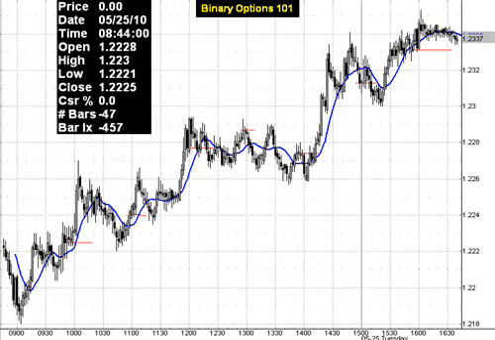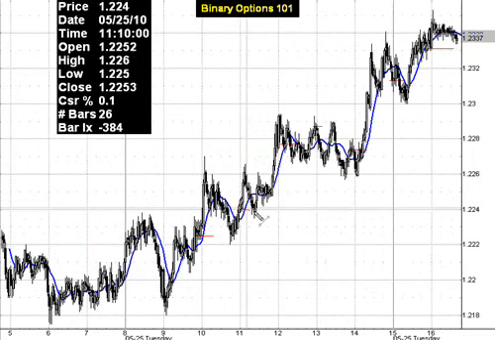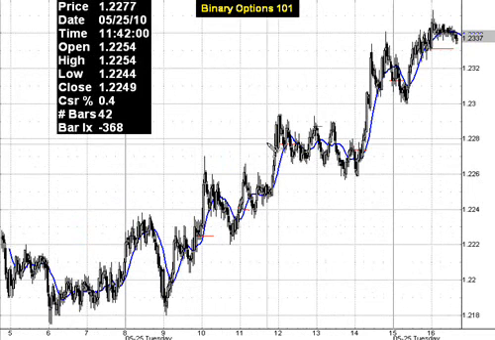Okay, now let's shrink this back. Now, the red lines are the closes. See these little red lines right there?